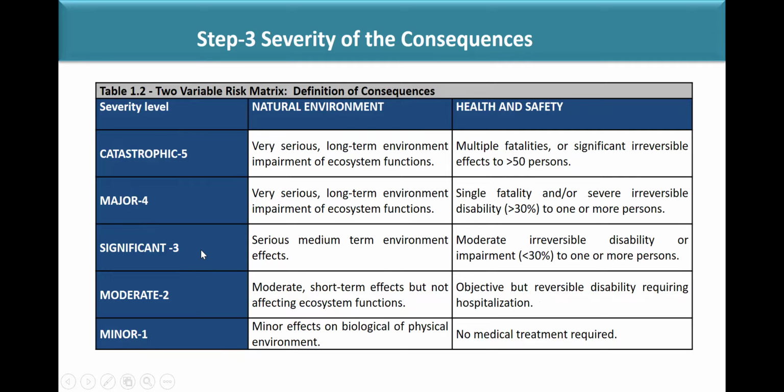Now the third one is we send them to the hospital and they are hospitalized for more than 3 days. So it will be 3. Now, 2 is medical treatment case, MTC. This is LTI, lost time injury. Now 4 is single fatality. 5 is multiple fatalities.